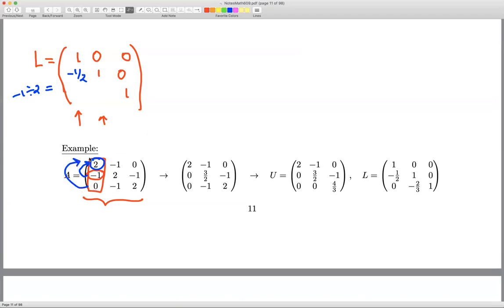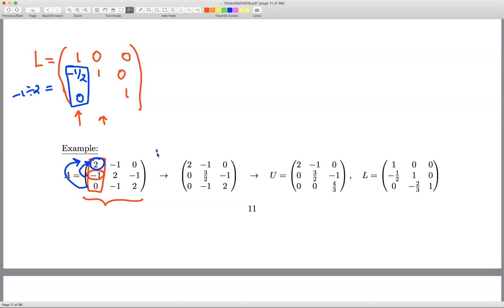So we have 0 divided by 2, and it will be in position 3,1. We end up with 0. So at the first step, we can compute only everything below the main diagonal in the first column of the matrix L. Then we continue with the usual Gauss elimination to make all these elements 0.